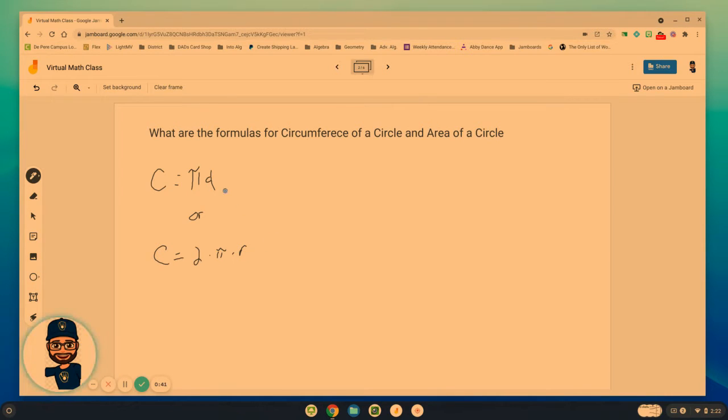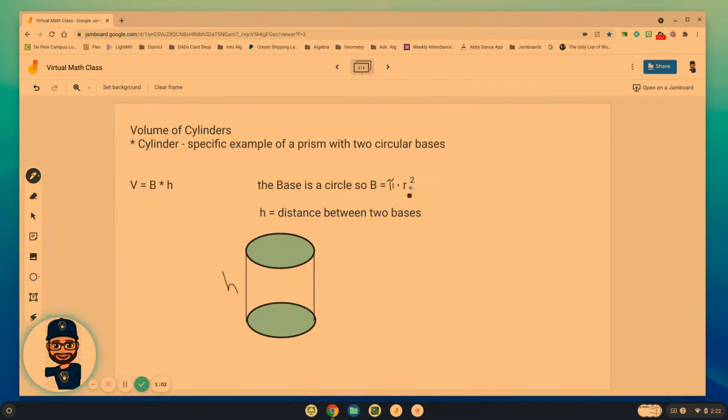Occasionally we're going to need that in this section to help us figure out either the radius or the area of a circle. We need to remember that area of a circle comes from pi r squared. And we'll use those, again, to help us find volume of a cylinder.